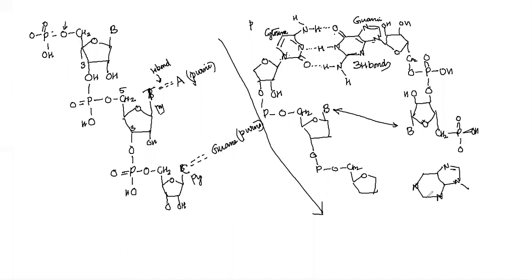And one NH2 on this side. There is one NH2 over here, H, H. And there is no substituent on this carbon. Okay, now this is adenine.